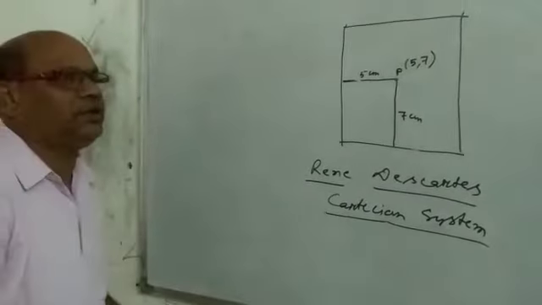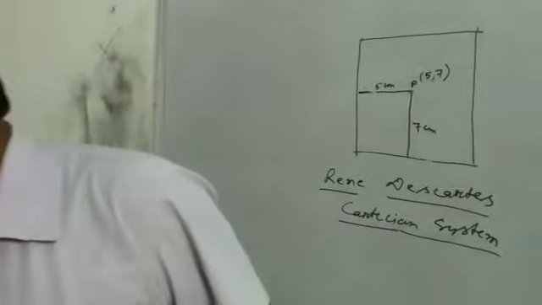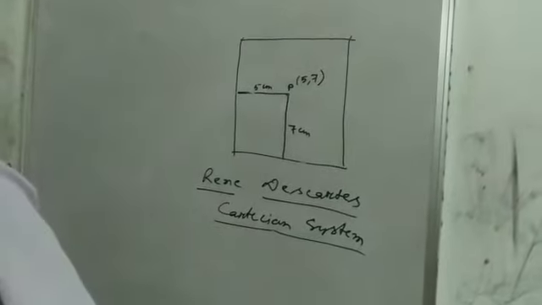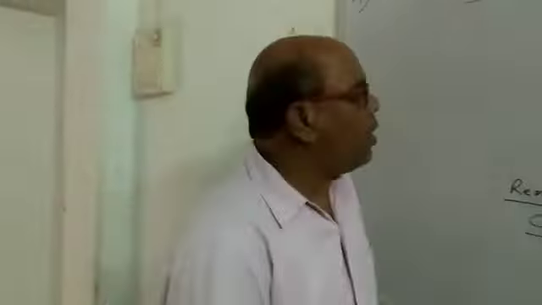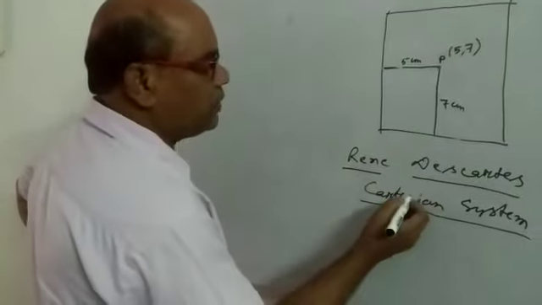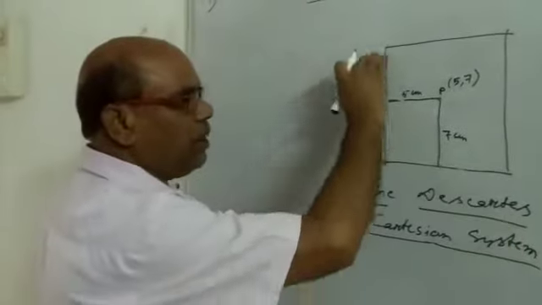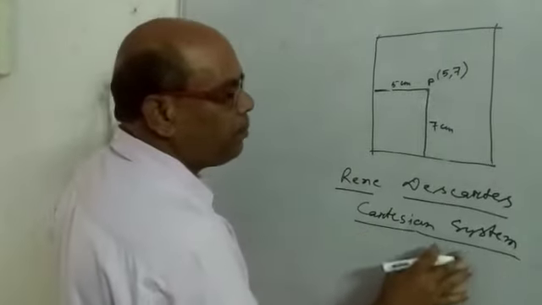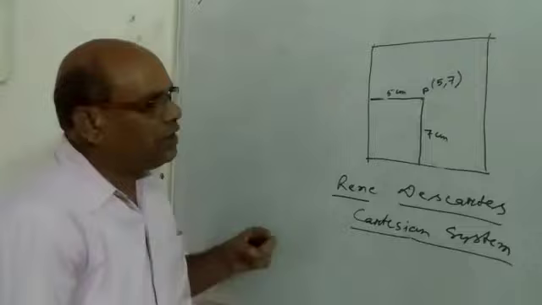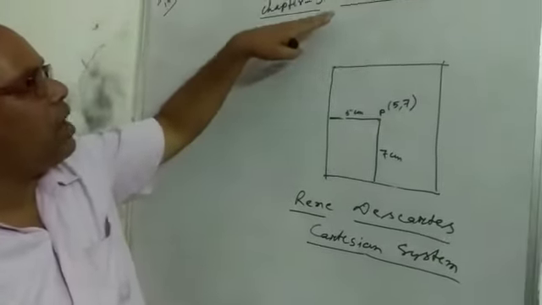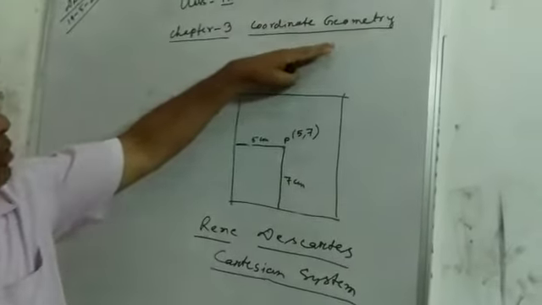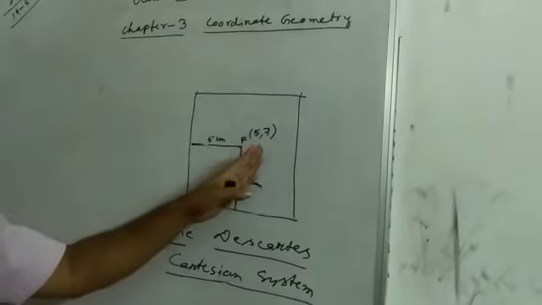This system is known as the Cartesian system in honor of René Descartes. So this is the basic concept in coordinate geometry to find the position of a point in a plane.